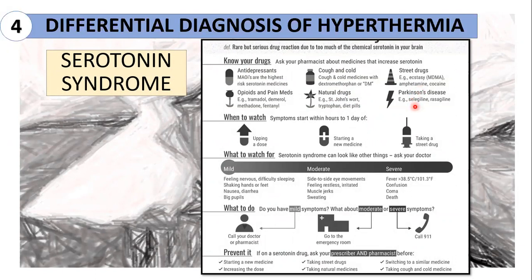Symptoms usually manifest from an hour to 1 day upon intake of the drug. So for patients with an elevated body temperature, it is very important to do a drug intake history.